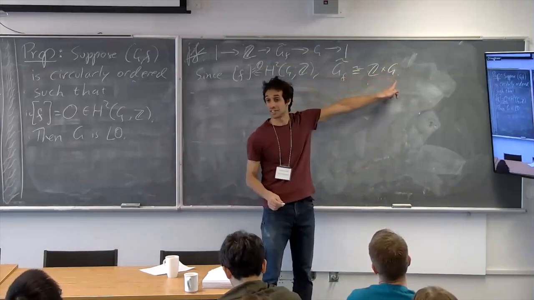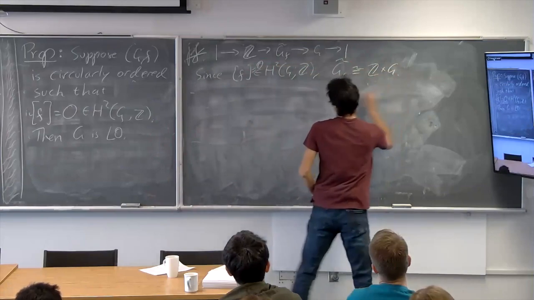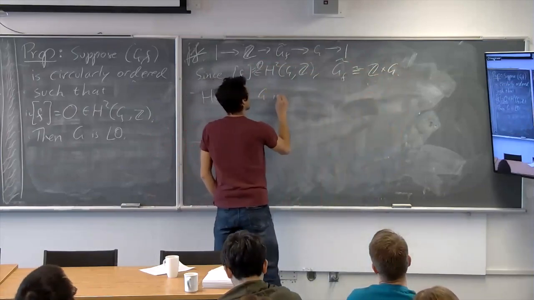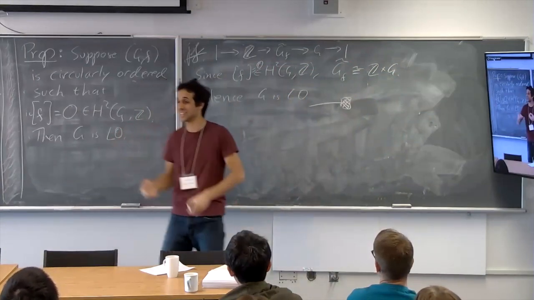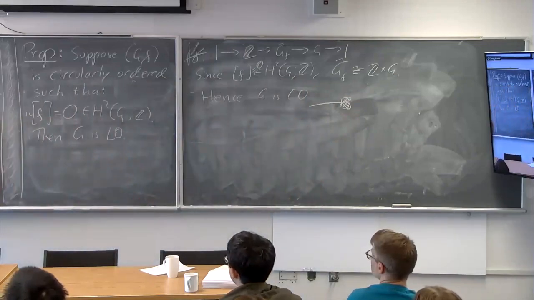That means G is left orderable, since G is a subgroup. Now these things just come out for free. It's very satisfying when you do a bunch of irritating work and then you get something for it.